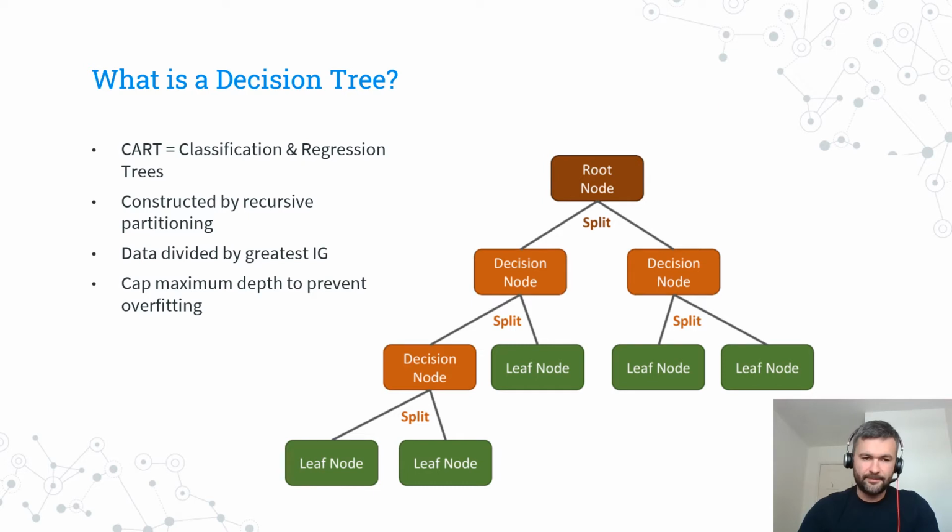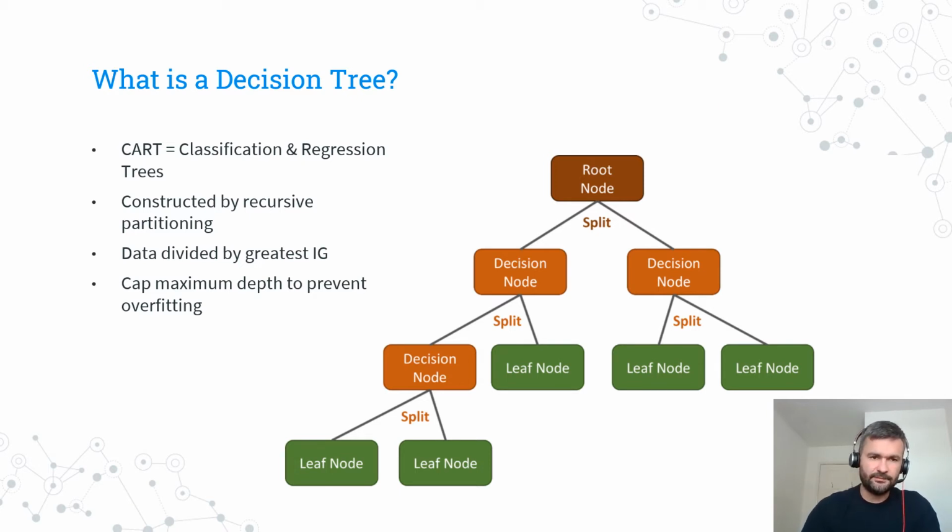So going on from that, how do we know what the optimal splitting point is at each node? The data that is received is divided based on the characteristic that produces the greatest information gain, which is known as IG.